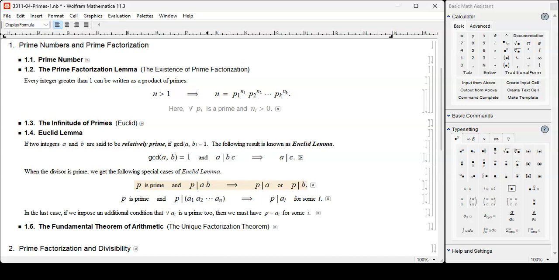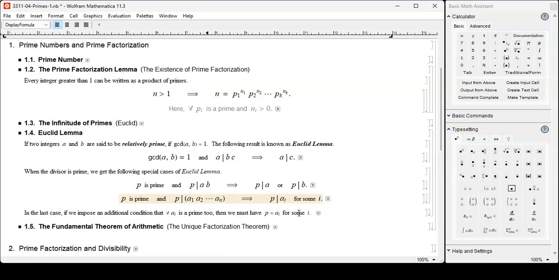And then we can inductively extend this idea into an arbitrary finite product. Instead of just a times b, consider a1 times a2 times a3 times and so on. If p divides that product, then p must divide some ai. You know, p is a prime, so it cannot be decomposed into smaller factors. Part of it goes to a1, some part of it goes to a4. That kind of thing cannot happen.